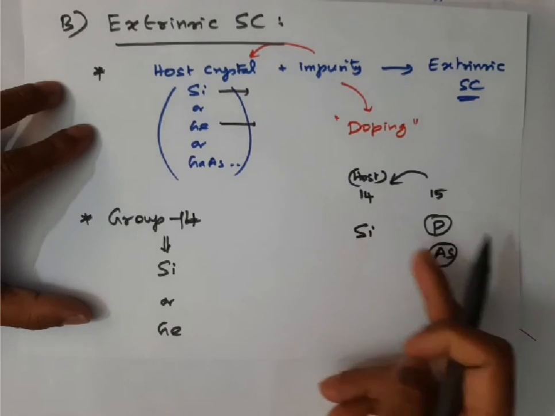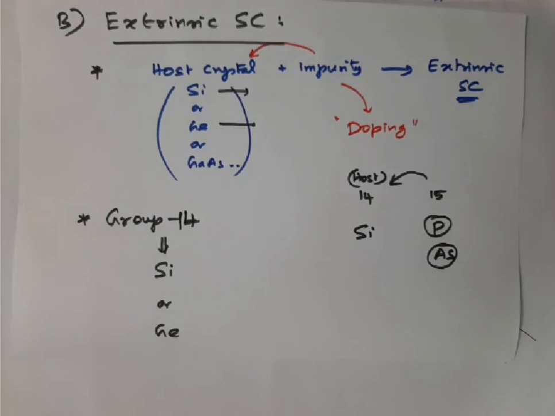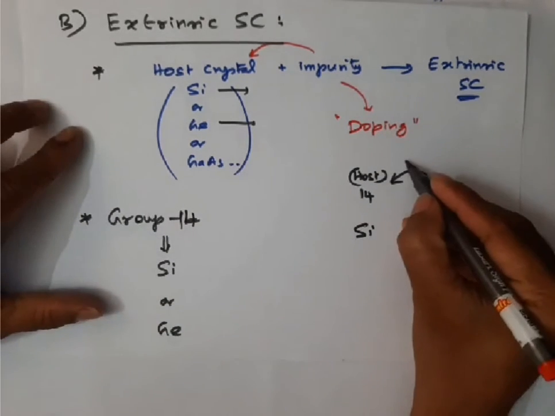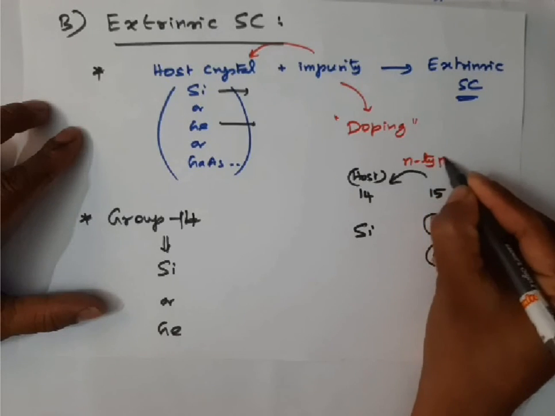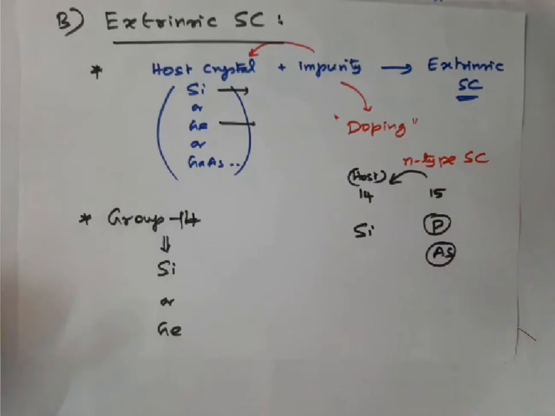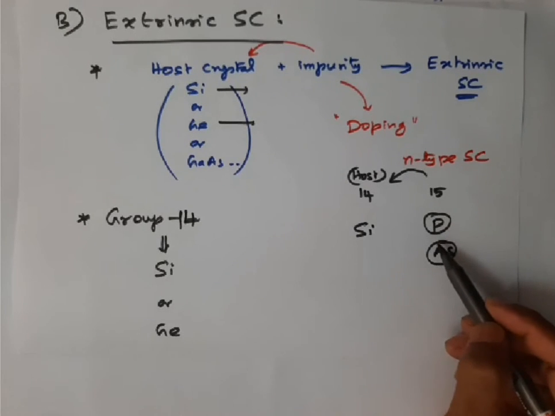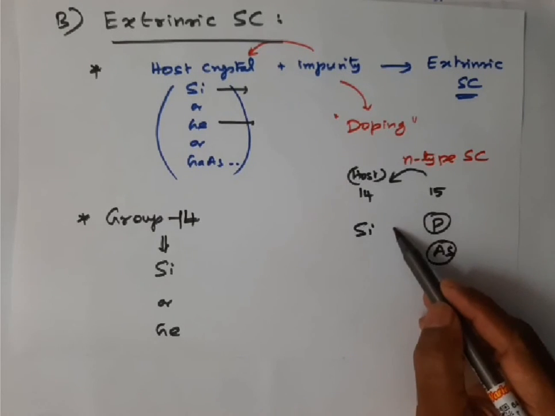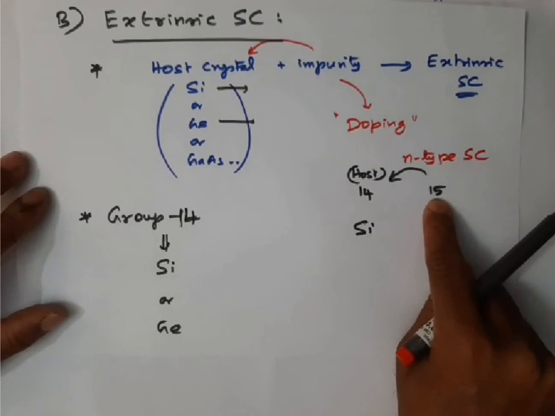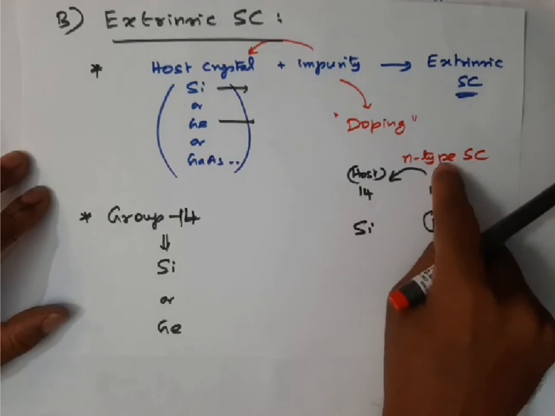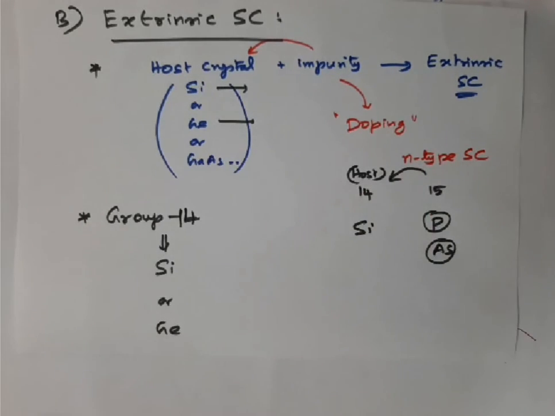If you add phosphorus or arsenic to the silicon, you will get a huge increase in conductivity, and we call that material an N-type semiconductor. I am adding a group 15 element as impurity to a group 14 element. So whenever you add a group 15 element to group 14, you will get an N-type semiconductor.